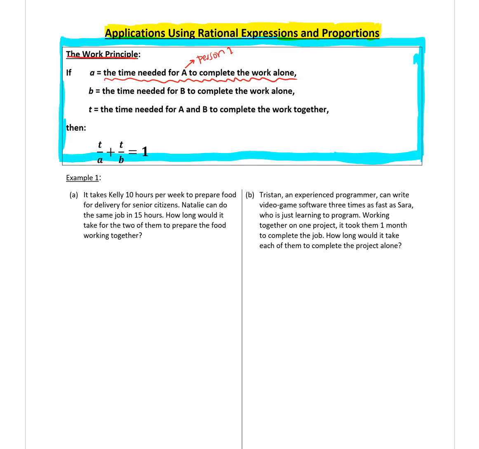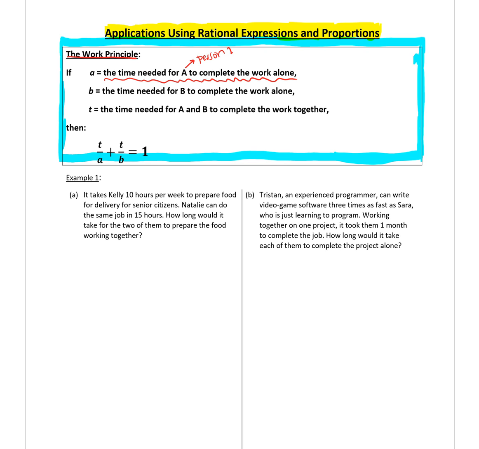The larger hose can fill the pool in 3 hours, the smaller hose can fill the pool in 5 hours. What if you use both hoses at the same time, working together? How long would it take? So it doesn't necessarily have to be people. A lot of times it is, but it could be whatever's working together, like something filling a pool.